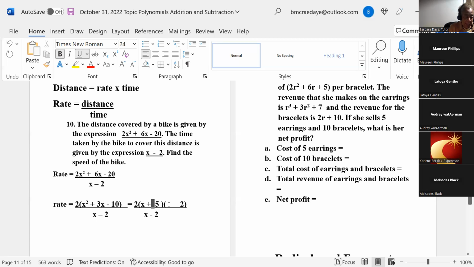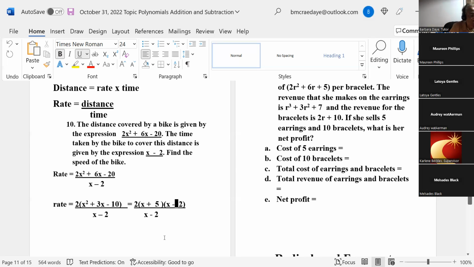So that's x minus 2. Now we got our factors: x plus 5 times x minus 2, because x plus 5 times minus 2 will give our minus 10, and then the 5x and the minus 2x will give us our 3x.